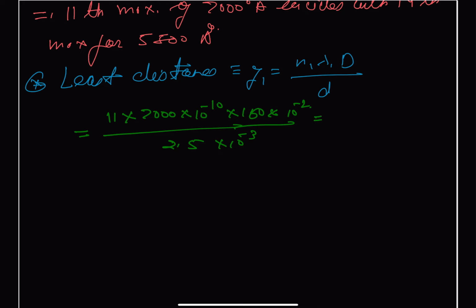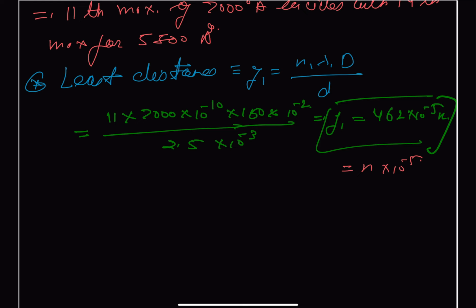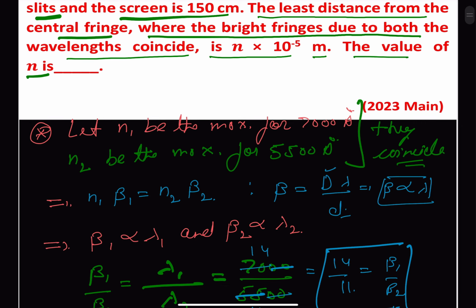So this gives us y1 equal to 462 into 10 to the power minus 5 meters. We are also given that this distance is n times 10 to the power minus 5. So the value of n is 462.